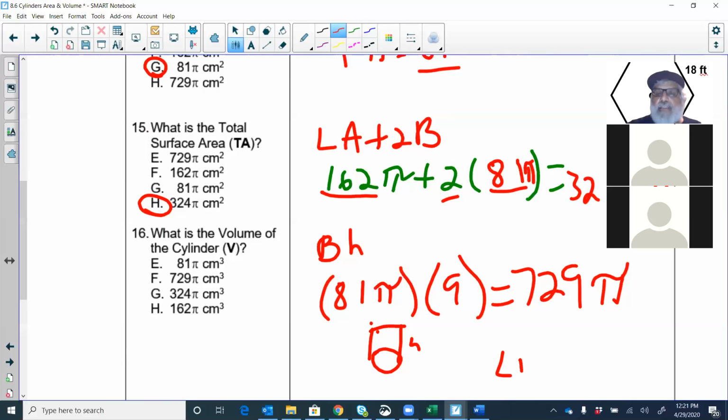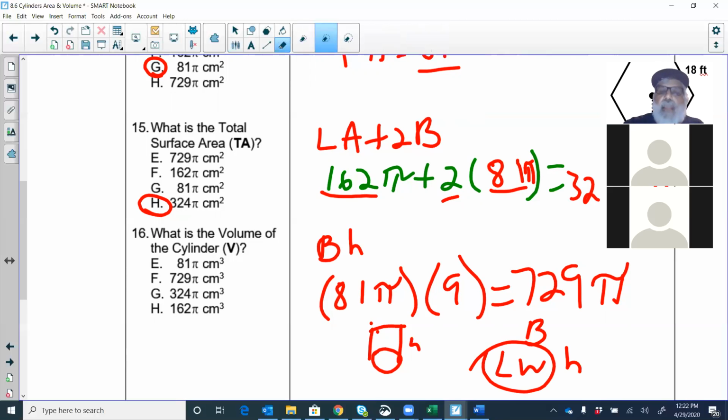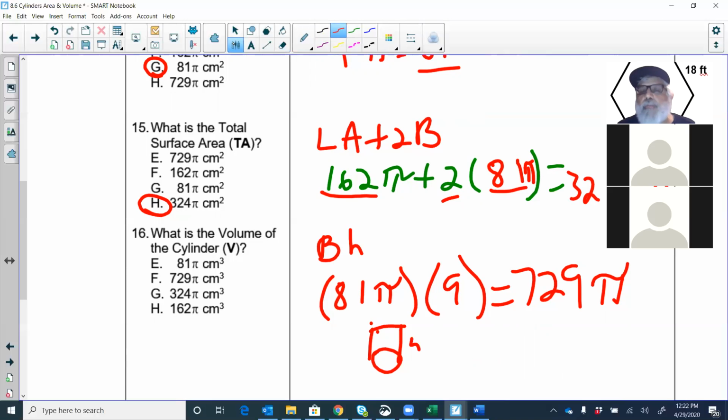Before, when we did length times width times height, that length times width is actually the area of the base. And that's all we really did here, except that in this case, we have a circle, so I couldn't do length times width. And that's why we were doing the pi r squared.